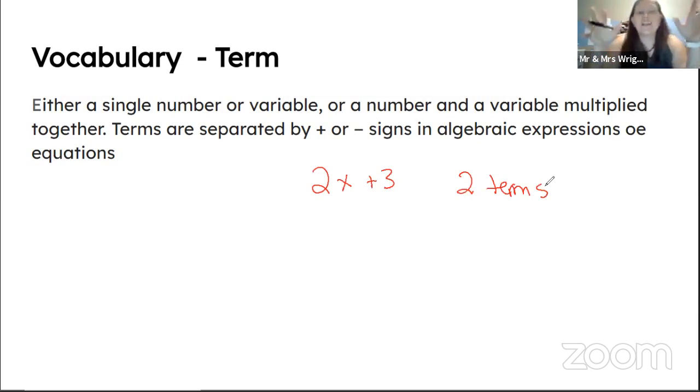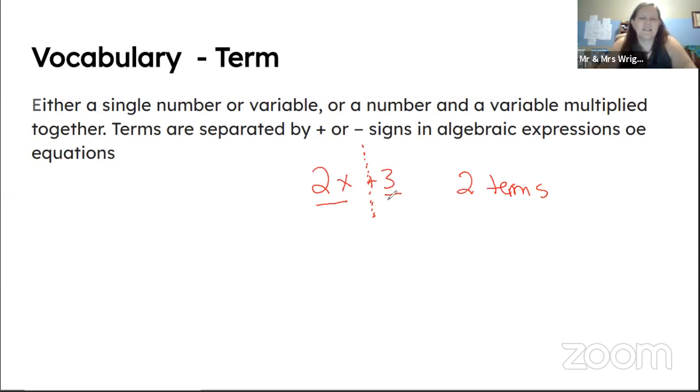Terms are divided up by any addition or subtraction signs you see, okay? So think of these as like little dividing walls. That's helpful when you come to division and fractions later on to remember that there's a dividing wall made of addition signs and subtraction signs, right? So this is two terms. This is one term, and this is a second term.